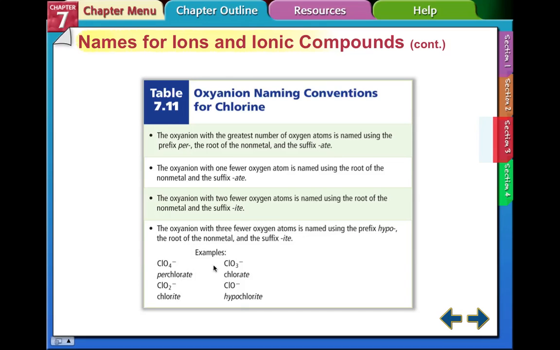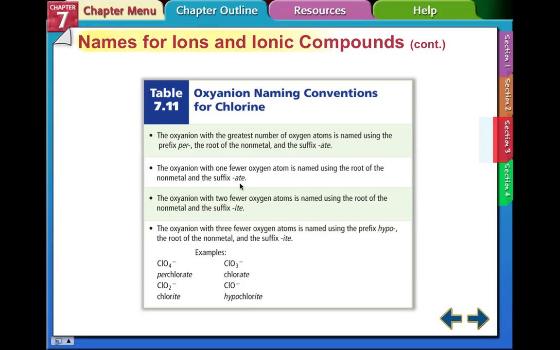So if these are all using chlorine again, you have 4 examples: ClO4, ClO3, ClO2, and ClO. If we go back up to the chart, the one with the greatest number, you're going to use the per, the root, and then ate. So we have perchlorate.